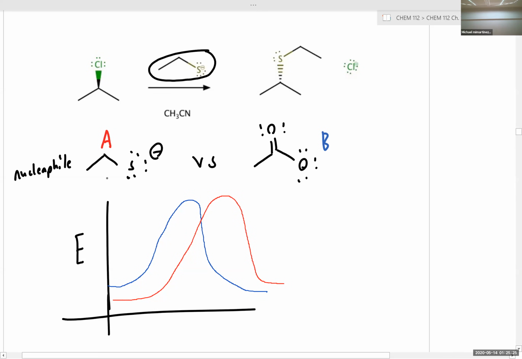So if we compare ethane thiol and acetate, I'd like everyone to chime in. Which is the stronger nucleophile? Ethane thiol or acetate?